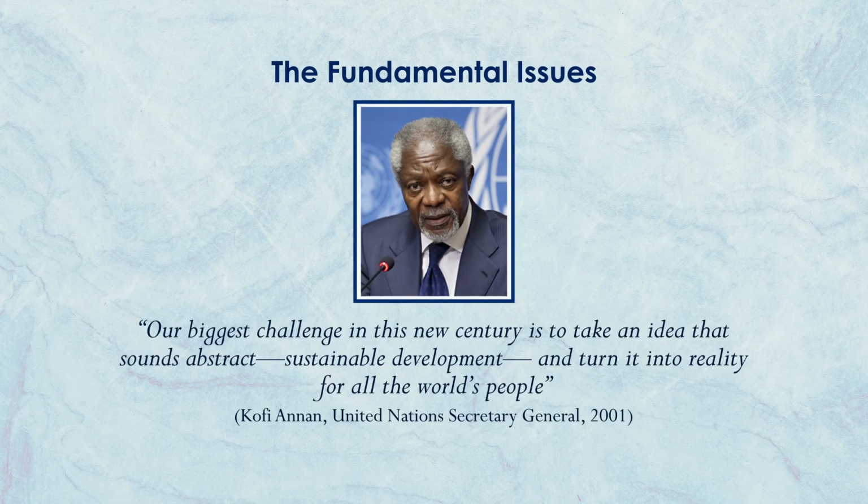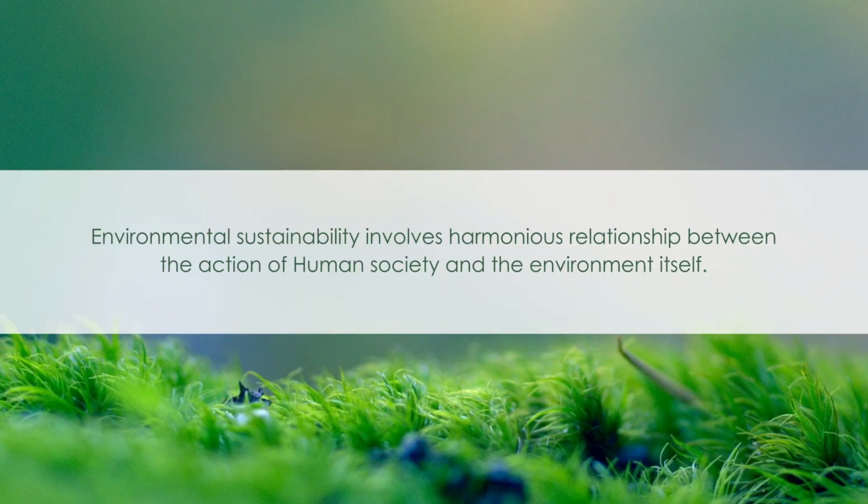So our biggest challenge in this new century is to take an idea that sounds abstract, sustainable development, and turn it into reality for all the world's people, quote and unquote, by Kofi Annan, United Nations Secretary General, in 2001. That's reflected. The environment and sustainability involve a harmonious relationship between the actions of human society and the environment itself.